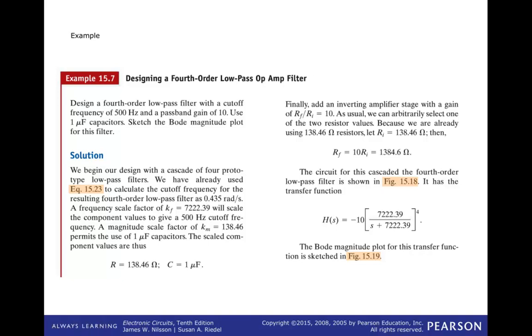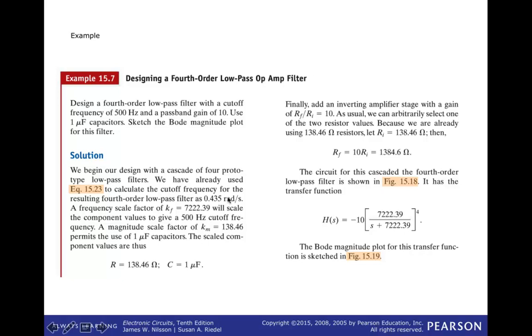Now in the example that I worked out in class, I did two different steps. First, I took my prototype filter capacitance of 1 farad and adjusted it based on this 0.435 number: I took 1 farad and divided it by 0.435. Then I did a frequency scaling factor to get my 500 Hertz. In this example, what the textbook author has done is first take 500 Hertz and convert that to radians per second.